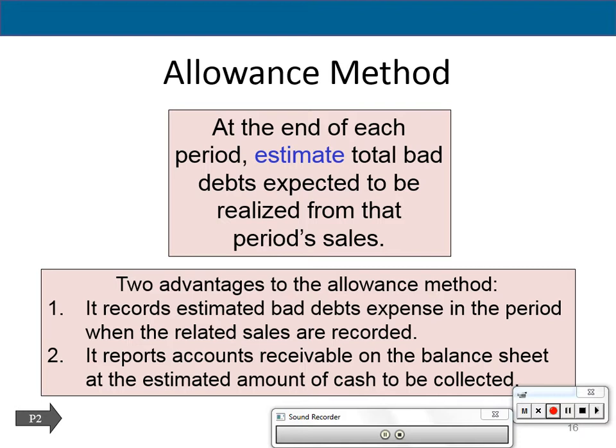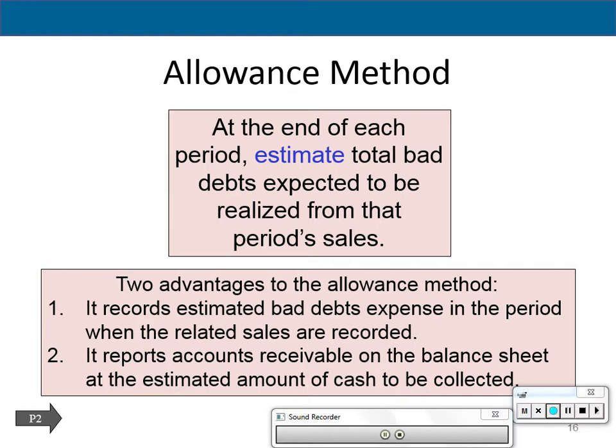So the allowance method, which is a little different, it's more accurate. The allowance method allows you to estimate bad debts in a period, and that's going to be in the same period when sales are actually recorded versus when you just write off a bad debt. You might not write it off in the same period in which the sales actually occurred.